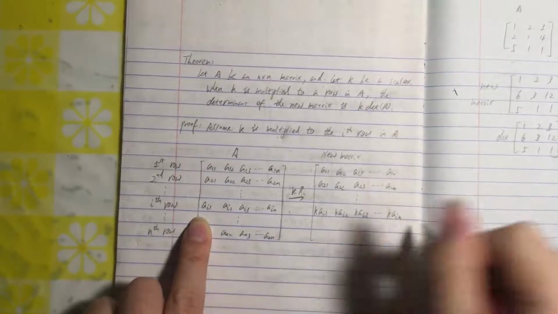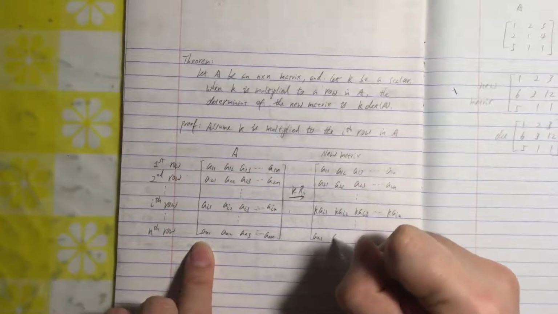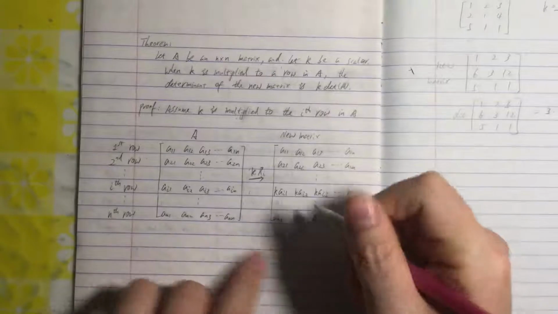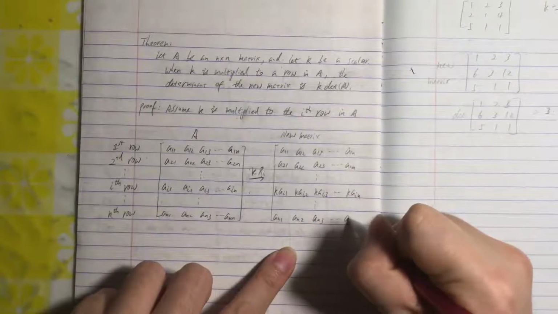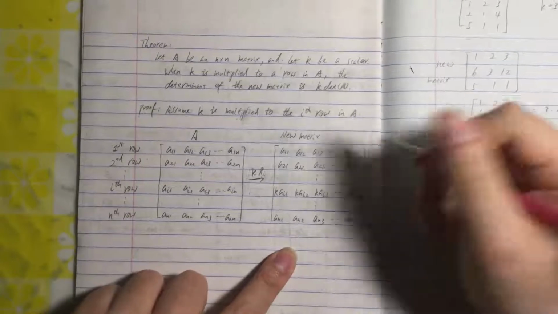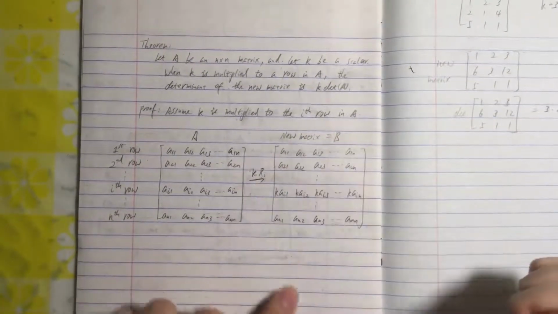The rest stays the same: An1, An2, An3, and Ann. That's the new matrix. Let me call this new matrix B.